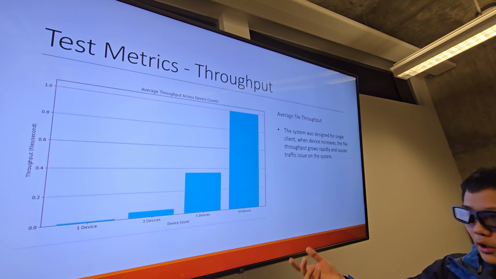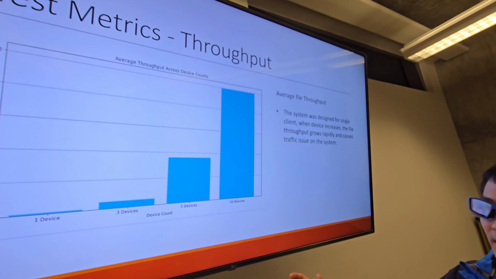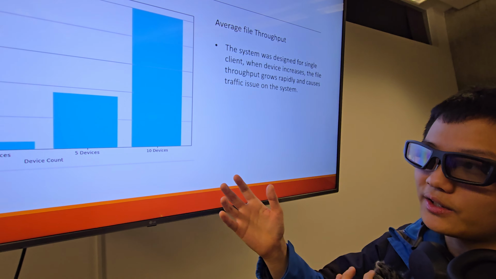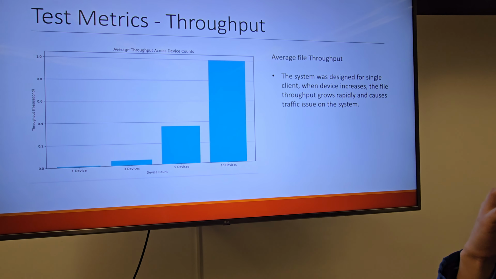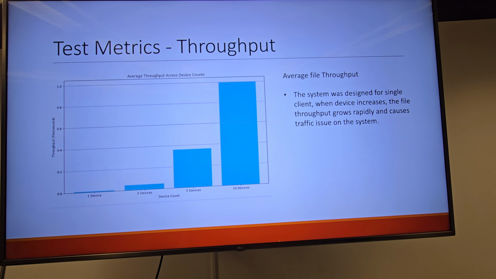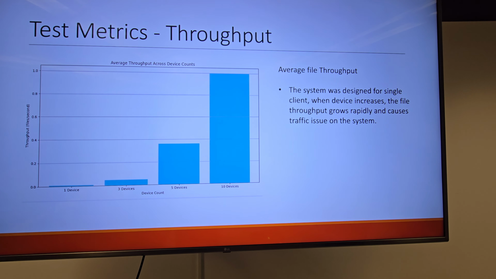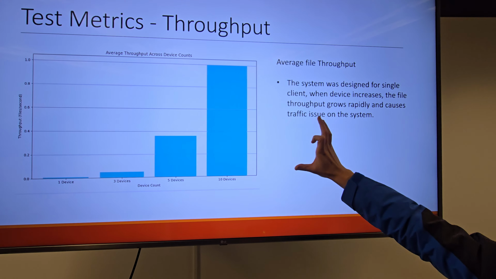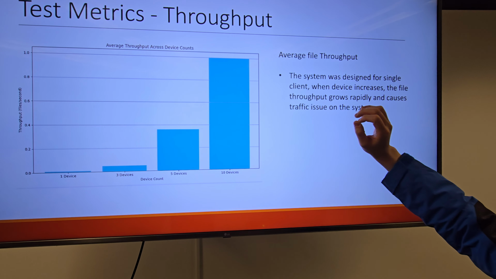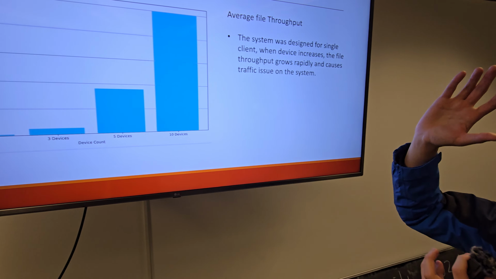The time is recorded at the beginning of the whole process, and then whenever a file gets inputted to the server, a computation is done with the past time and the file uploaded. So you can see that when there are 10 devices, the throughput just exploded to a very high degree.